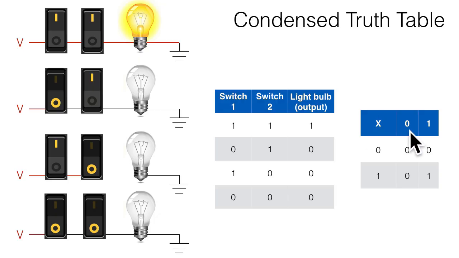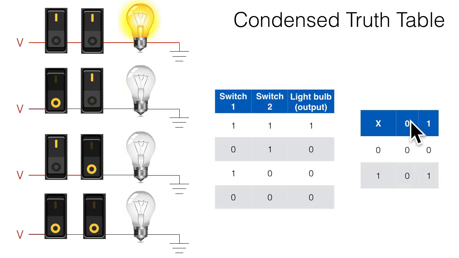Don't worry about it. This first row represents the states of the first input. So this would be switch 1, when it's off or when it's on. The first column represents switch 2. So I got switch 1 is the row, switch 2 is the column.